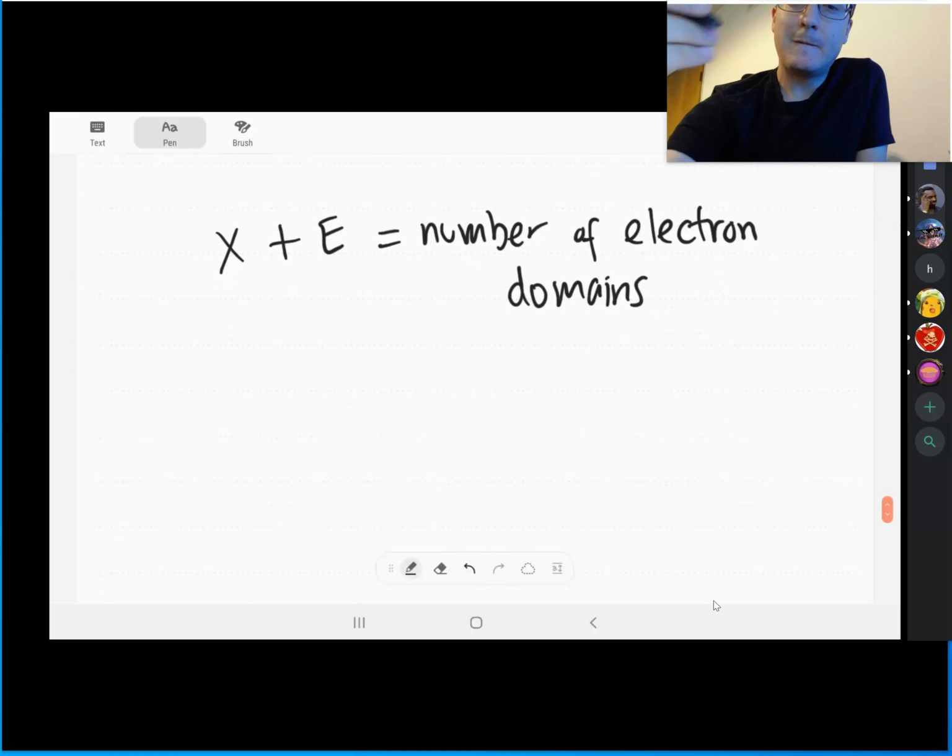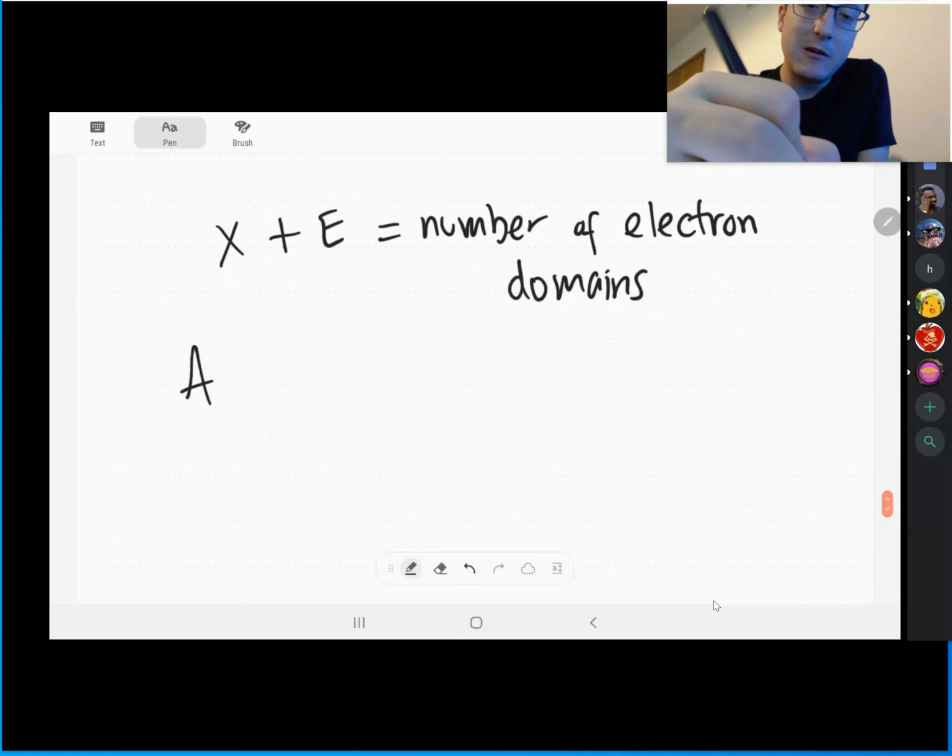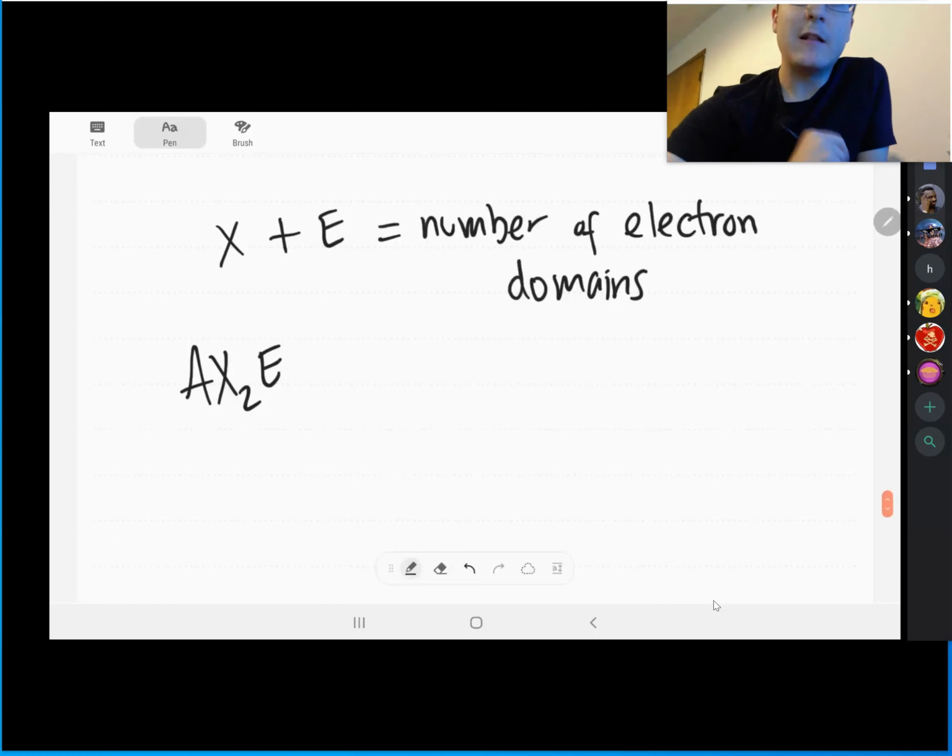So, if we had something that was this, how many electron domains does this category have?